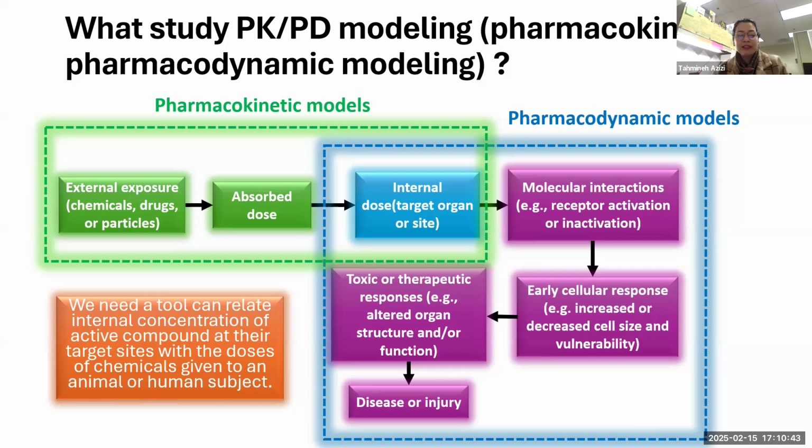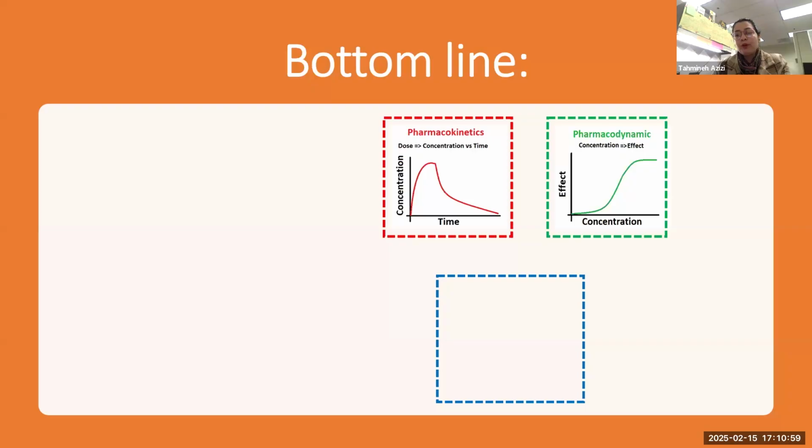For example, it can be a tumor, and also the dosing and chemicals that we are going to give to a human or subject. What tool can help us to relate all of this information? It is called, simply, pharmacokinetic and pharmacodynamic modeling.